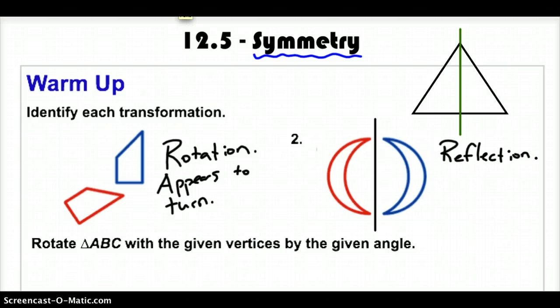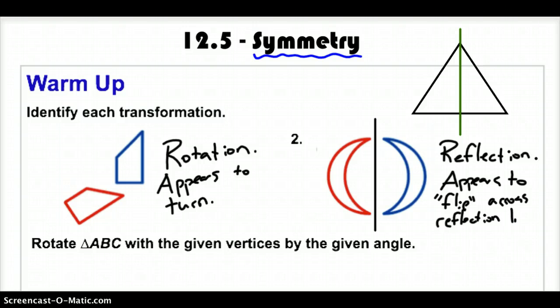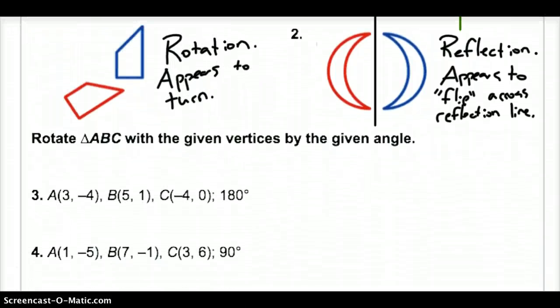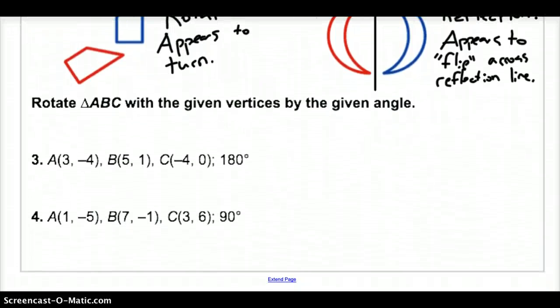It appears to flip across the reflection line. Again, pretty easy. I think from pre-algebra, most of you are pretty comfortable determining what types of transformation those are.